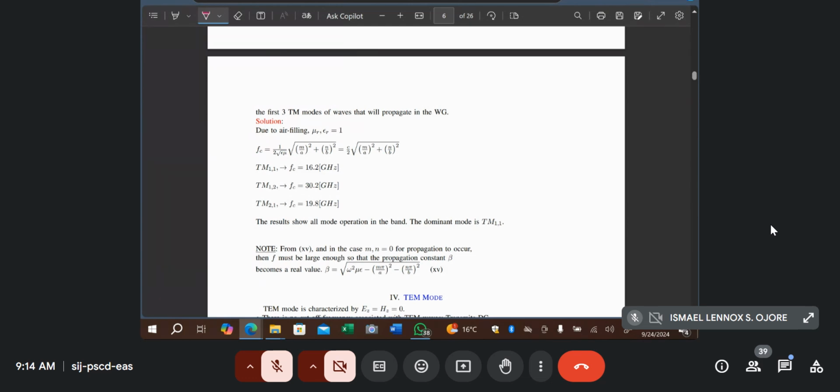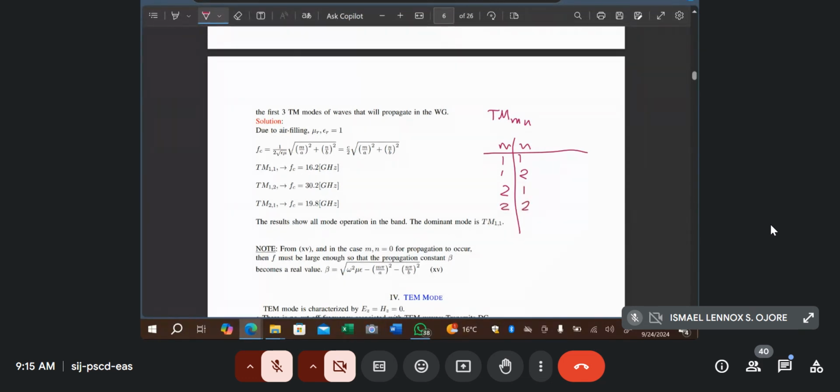So cutoff frequency, the same formula. So we know we can't have TM mode 0 something. So then we just have TM modes, TM mn. Then we can start mn. We can have 1, 1, 1, 2, 2, 1, 2, 2.